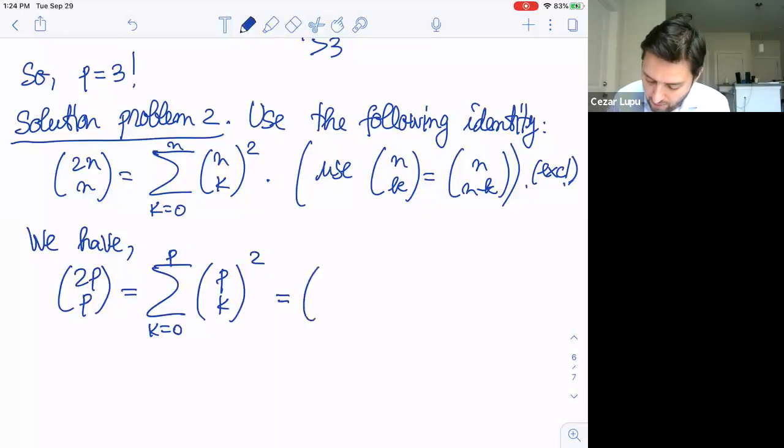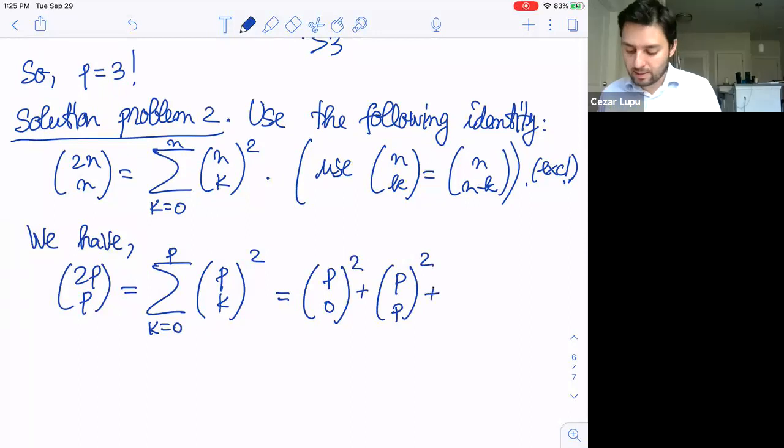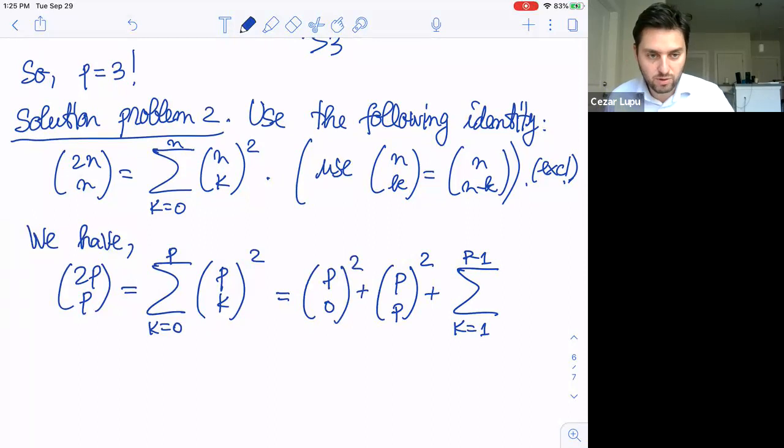So when k equals 0, we'll have p choose 0 squared plus, and the last one is going to be p choose p squared plus, and now I'm going to sum from k equals 1 to p minus 1, because you see I put in front of the sum the first one, which is for k equals 0, and the last one, which is for k equals p. So I took them out. So this will be p choose k squared, right?